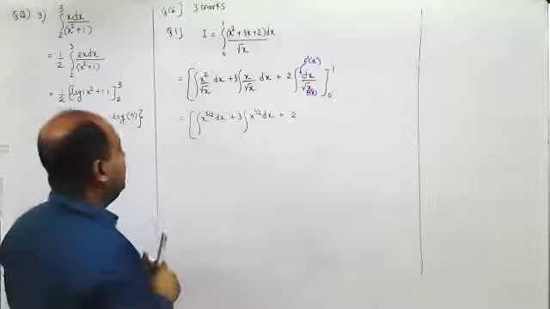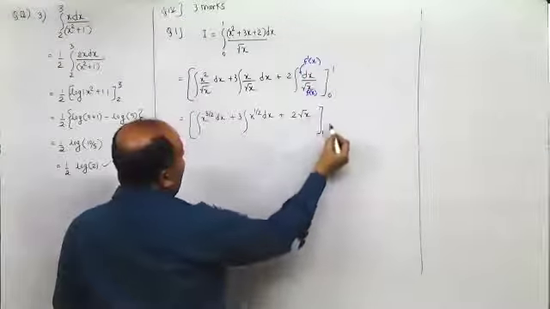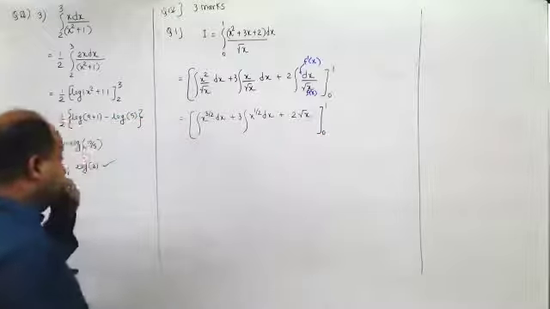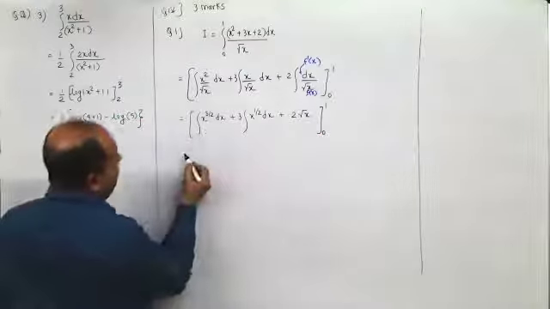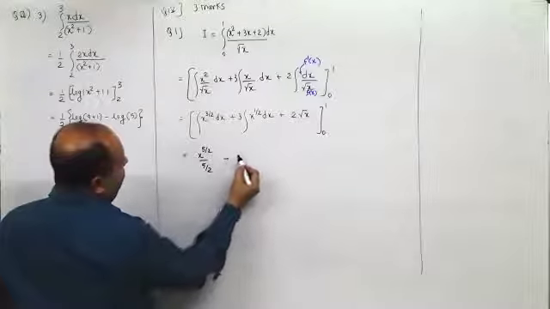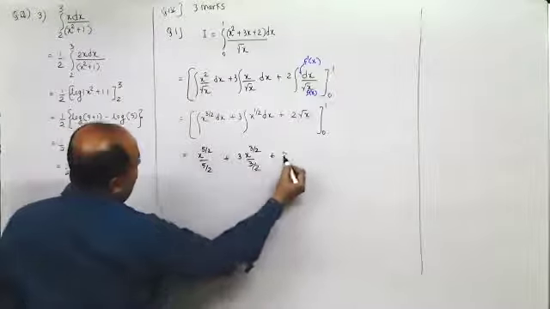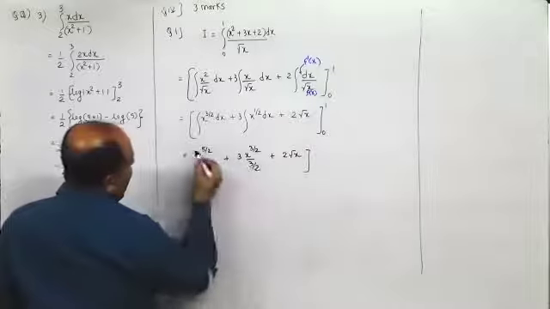Therefore, I'll get over here 2 into root x, between 0 and 1. Now, what is the integration of x raised to 3 by 2? It is x raised to 5 by 2 upon 5 by 2, plus 3 into x raised to 3 by 2 upon 3 by 2, plus 2 root x, between 0 and 1.